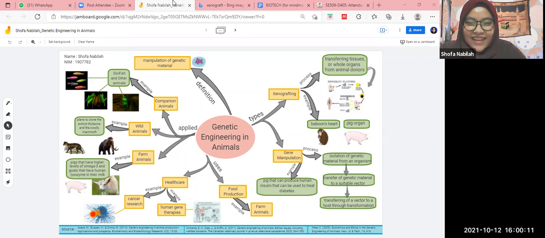But genetic engineering here refers to a process in which scientists manipulate the genes to create new products, a different version of the organism. So cloning is like copy paste, while genetic engineering is manipulation, like that.